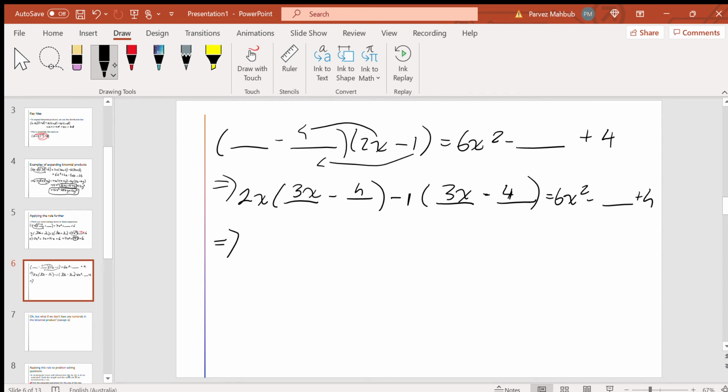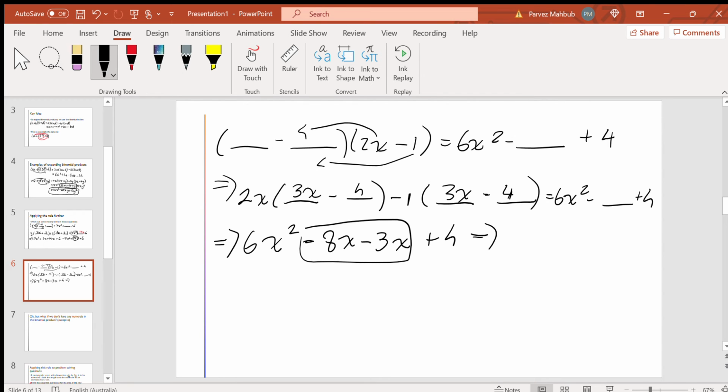And we can expand this, so that becomes 6x squared minus 8x minus 3x plus 4. And we can get a middle term. So if we combine the like terms together, 6x squared minus 11x plus 4. So we know that the middle term is minus 11x.